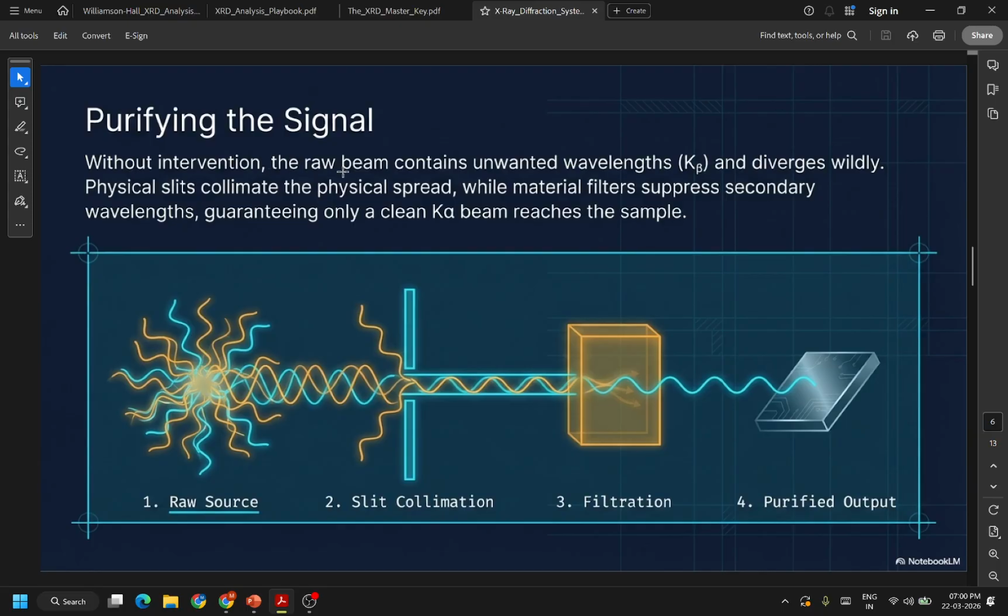Without intervention, the raw beam contains unwanted wavelengths, that is K beta, and also diverges widely. So you use physical slits which collimate the physical spread, and then use filters to filter out the secondary wavelengths, so that only a very clean K alpha beam reaches your sample.